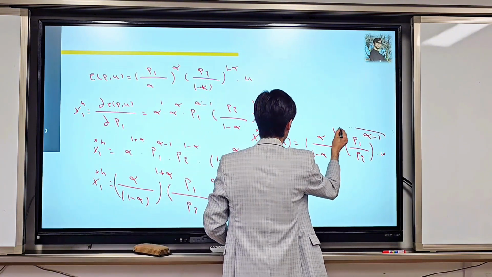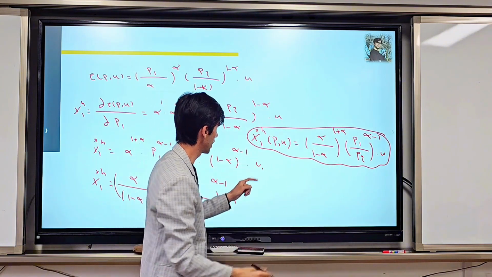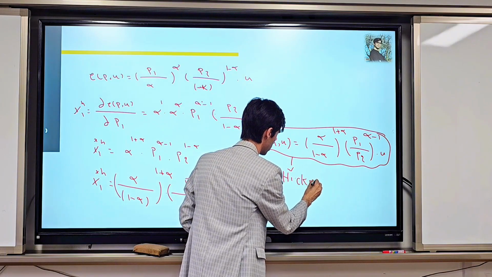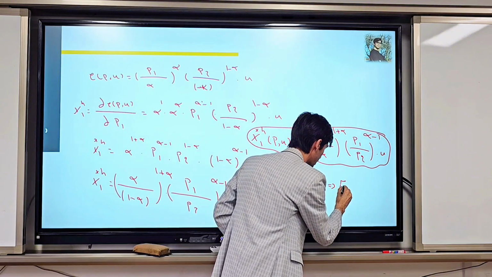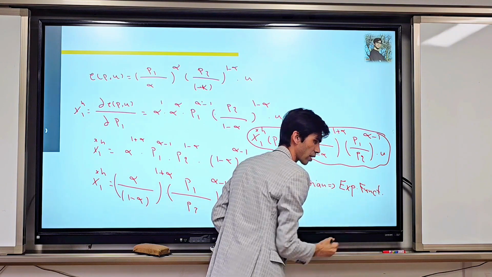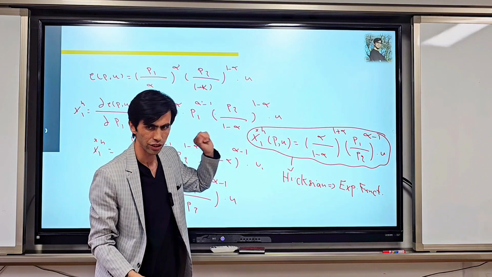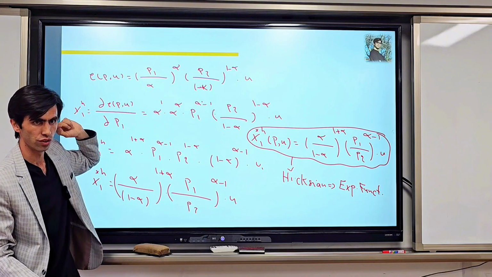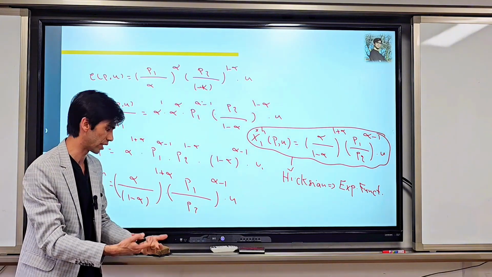So this one is the Hicksian demand function. Hicksian demand function is directly related to expenditure function. Why? You can see here, Hicksian demand function is a function of P and U, and expenditure function is also a function of P and U. Both of them are directly connected.